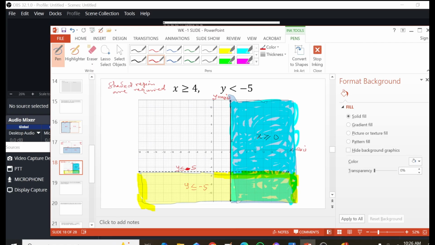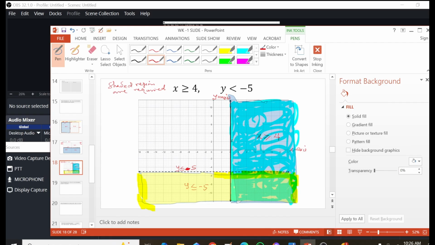Sorry, I made a mistake here. This one is greater than or equals to 4. This is 4. We've shown the part that is greater than or equals to 4, and the part that is less than or equals to -5. But there's a region where there's an intersection of the two colors.